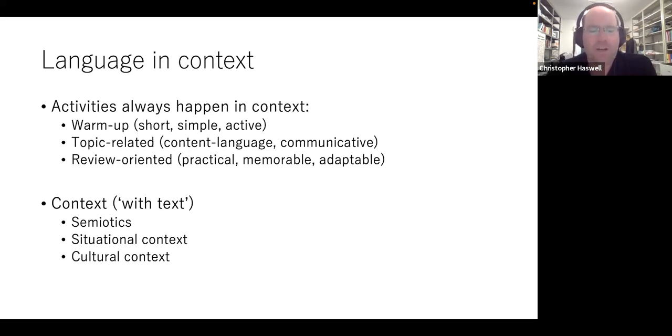There's also the cultural context as well. So an activity that would work well in the UK might not work well in Korea. There's always a cultural context of what students expect and what you are expecting them to do. So you have to keep that in mind as well.